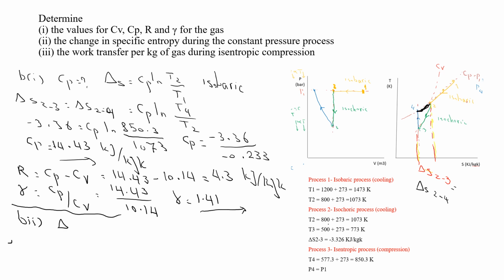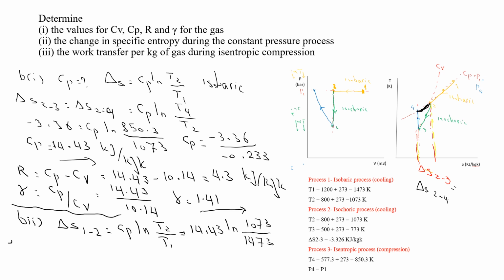So we write down the formula delta S 1,2 is equal to Cp natural log of T2 over T1, and this is equal to, now we have got Cp, the Cp which we have calculated, so we are going to write down 14.43 natural log of 1073 over 1473.